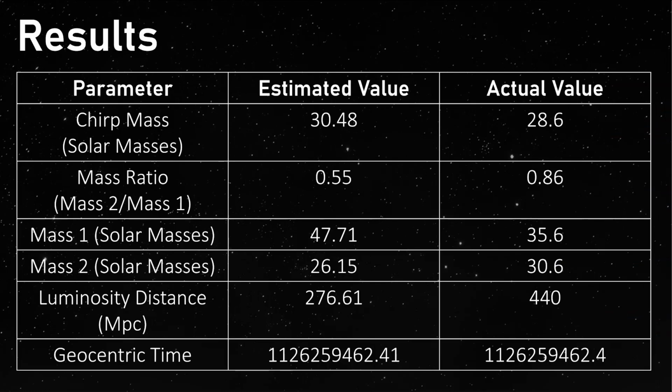And here are the results from my sampling compared to the ones from the LIGO catalog. I sampled for chirp mass, mass ratio, distance to the source, and event time. And then I used chirp mass and mass ratio to calculate the individual black hole masses. My estimates aren't perfectly precise due to limited computational power.